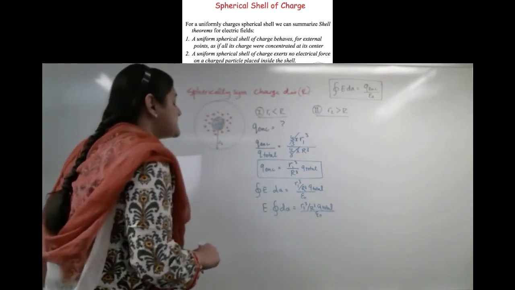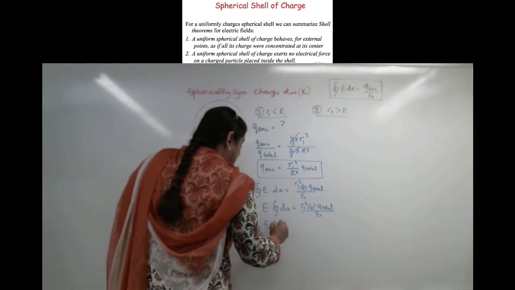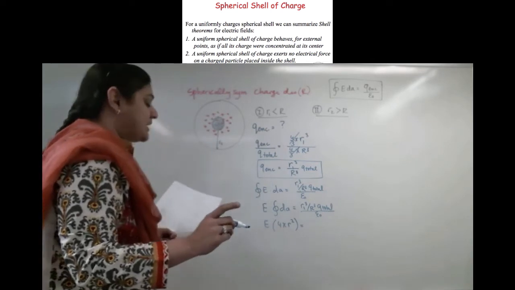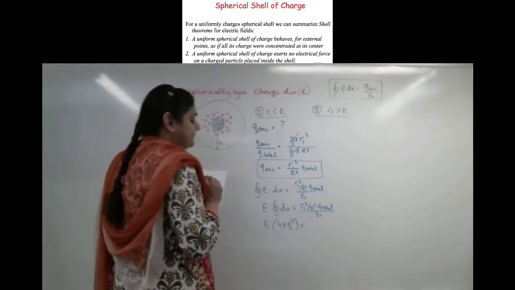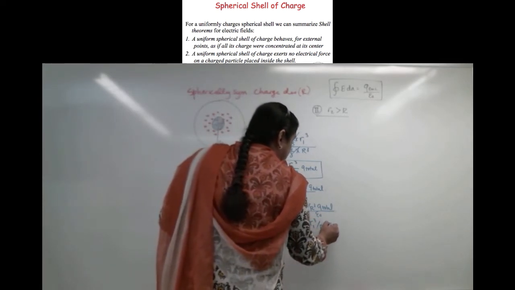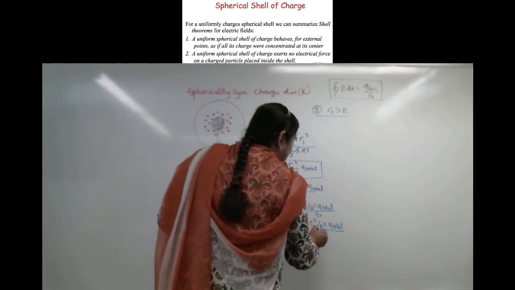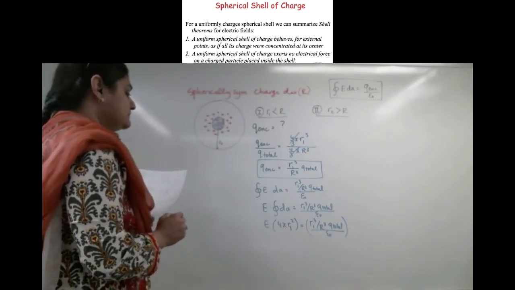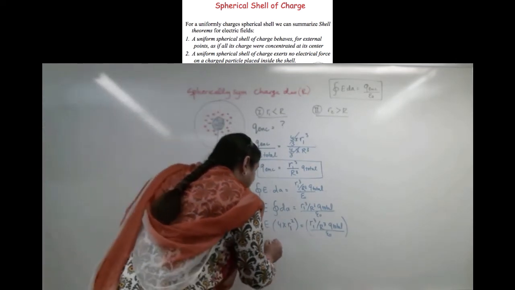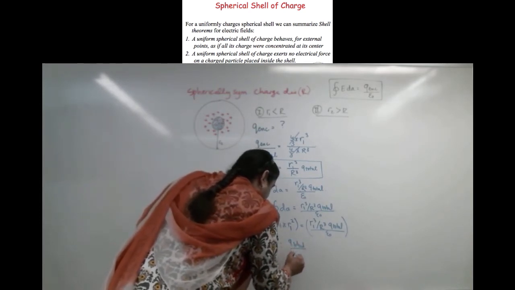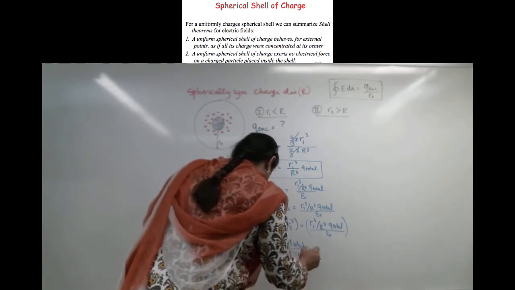Now this is a sphere, and a sphere has area 4 pi r squared. Which r is this going to be? This is going to be R1. Which equals R1 cubed over R cubed Q total divided by epsilon naught. So I can simplify this as E equals Q total over 4 pi epsilon naught times R1 over R cubed.